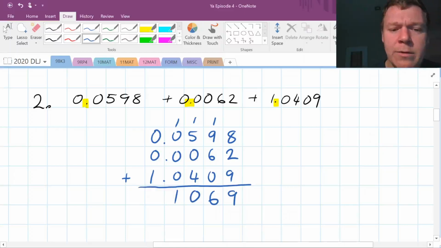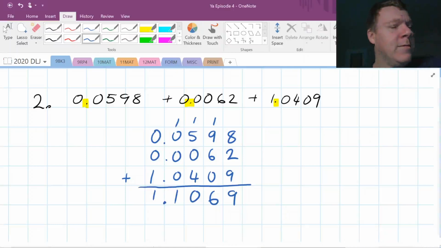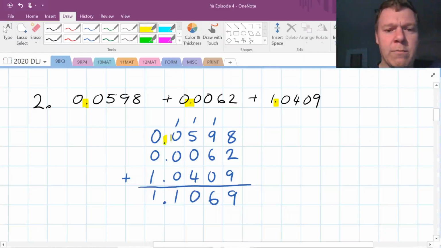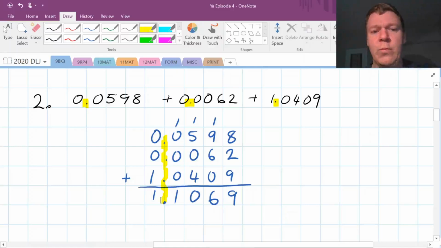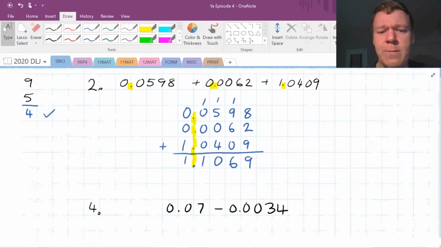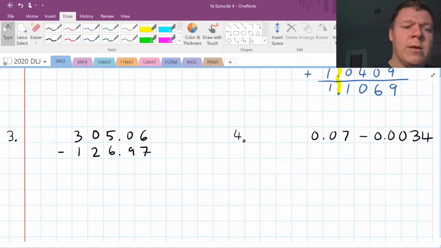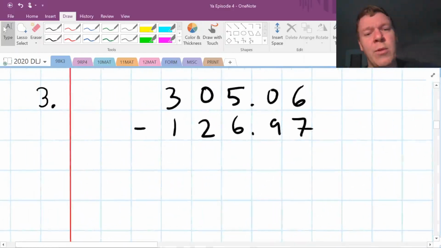And we've got a 1 in that column. Everyone else get that one? So, key thing, all our decimal points lined up. Pretty easy. Probably be doing this for 5 years. Okay. Number 3.